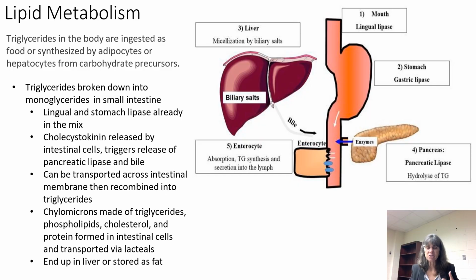Chylomicrons are a combination of triglycerides, phospholipids, cholesterol, and protein that are formed in those cells. And from there, they'll be transported into lacteals. Lacteals will transport those chylomicrons to the liver, where they may be used for other synthesis reactions, or they might be stored as fat.